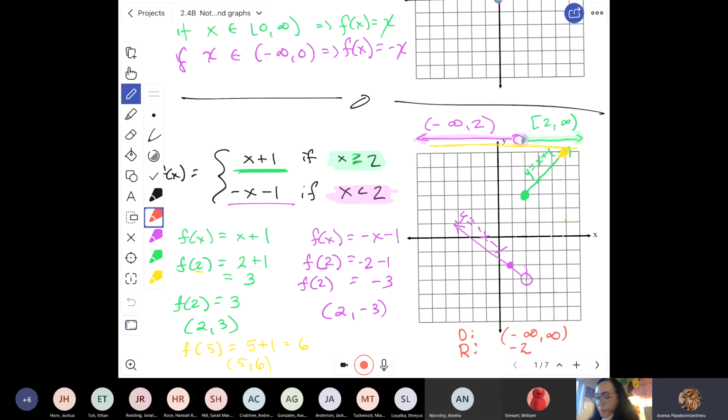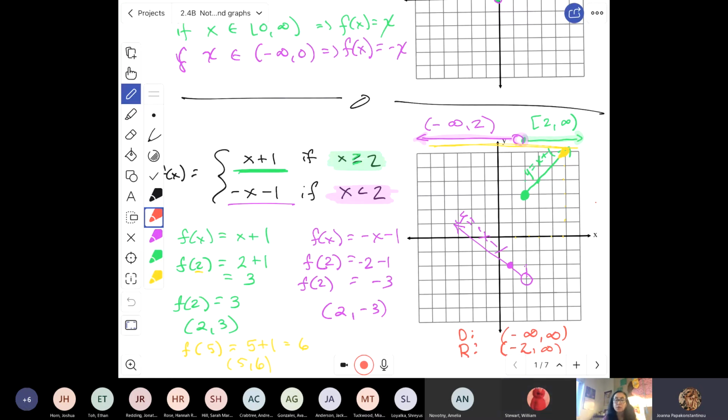No. So how would I represent that in interval notation? An open parenthesis. Yes, so that's saying I'm going to negative 2, but I'm not including it because it's an open circle. And then what is the largest y value that this takes on? Infinity. Positive infinity. Beautiful.